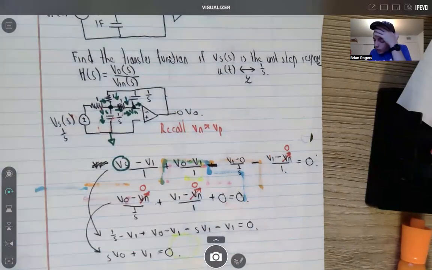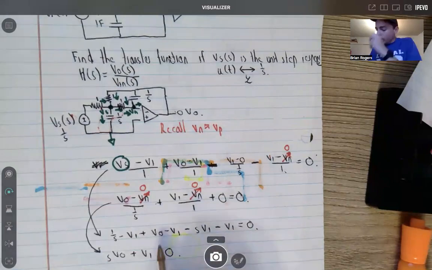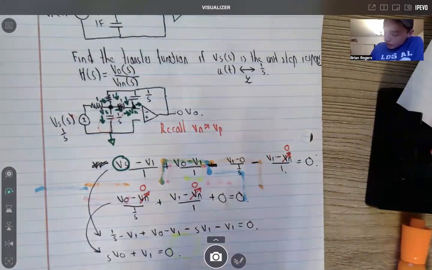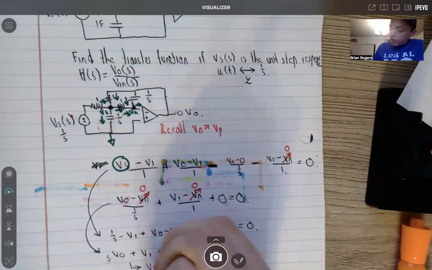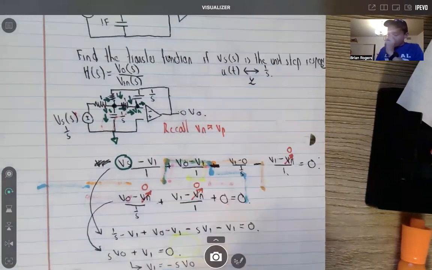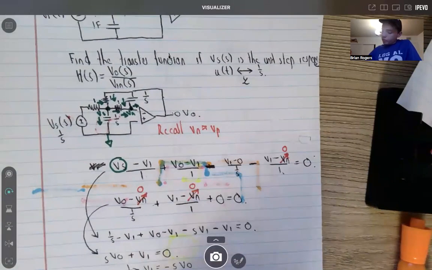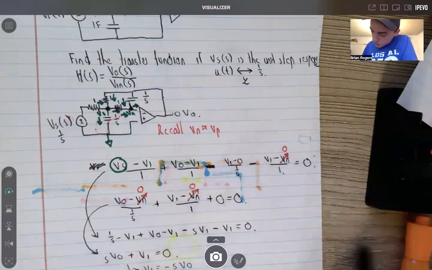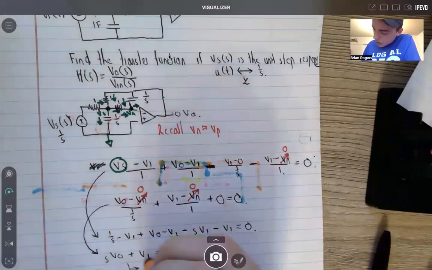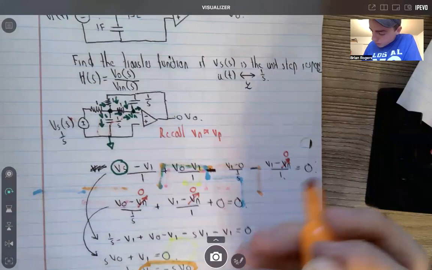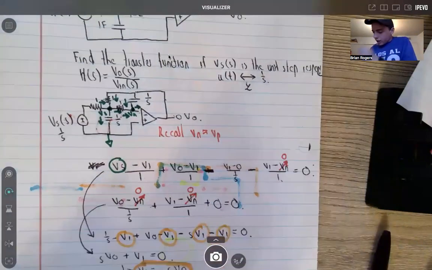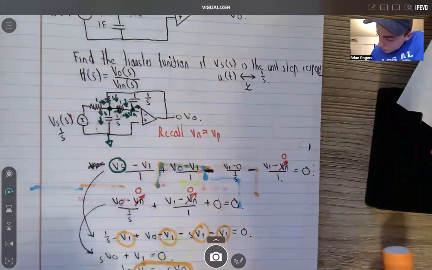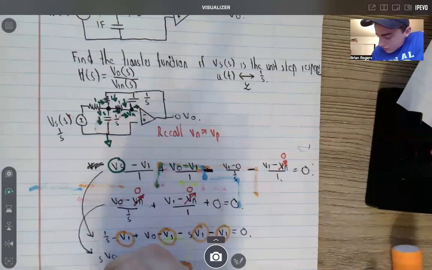And so to solve for the output voltage, from this equation right here I can say V1 is equal to negative S V out. So now I can plug that in for V1 up here. Okay. Now that I got that, let's substitute.